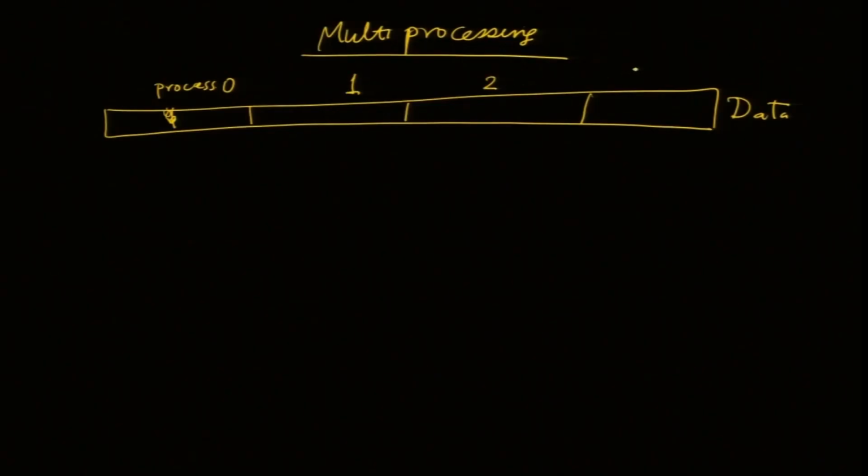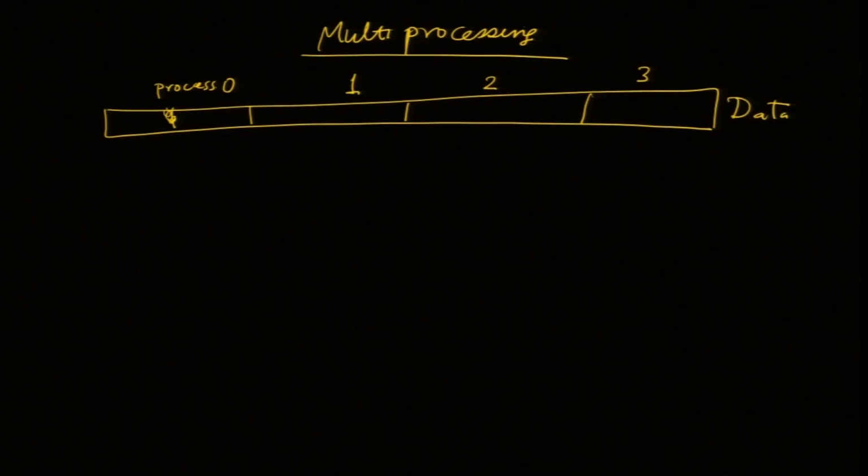So, this is process 0, process 1, process 2, process 3, and you see that there is a single code; the same code will run on all the processes, but depending on the process ID, each is going to figure out which data to work on. Why is it called multiprocessing?